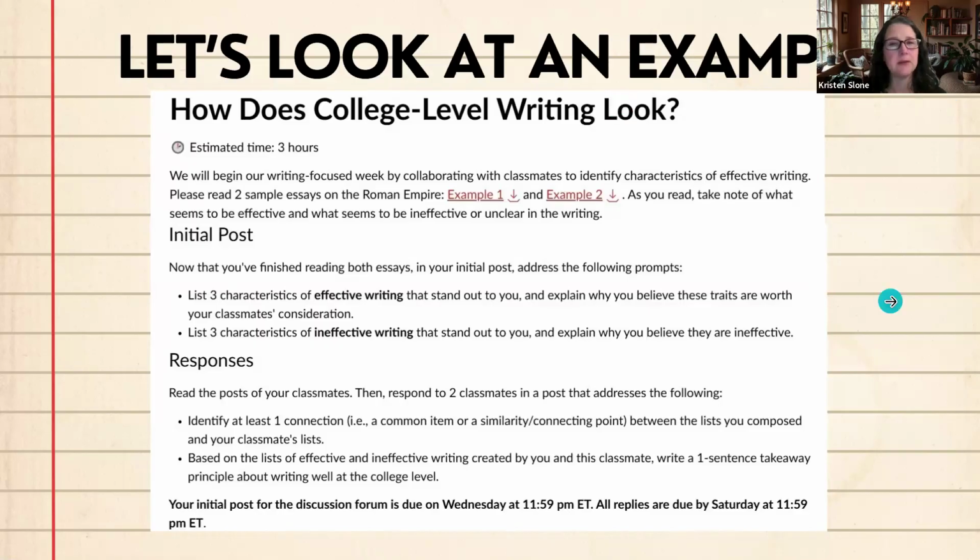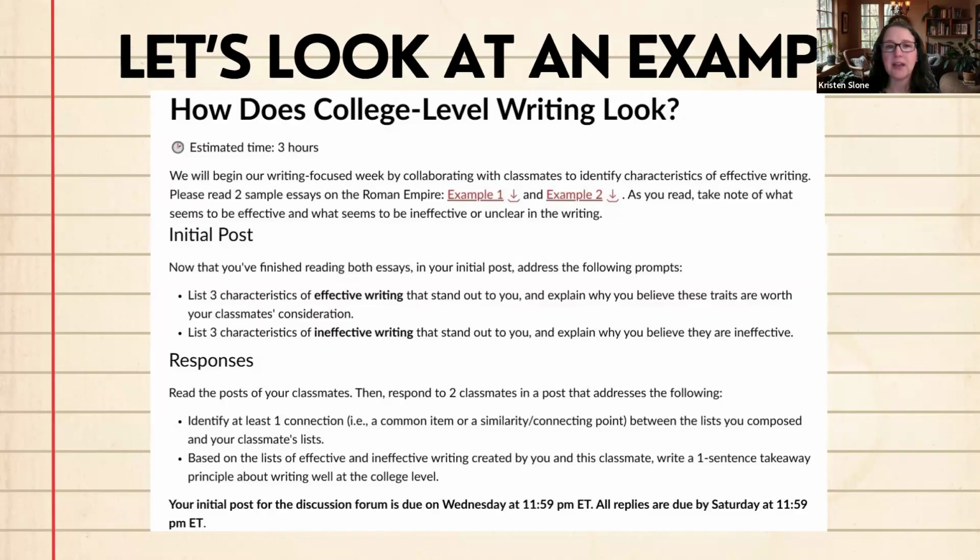Okay, so let's look at this assignment. It says, we will begin our writing focused week by collaborating with classmates to identify characteristics of effective writing. Please read 2 sample essays on the Roman Empire. Okay, and then we've got our 2 links to the sample essays. As you read, take note of what seems to be effective and what seems to be ineffective or unclear in the writing. Initial posts.